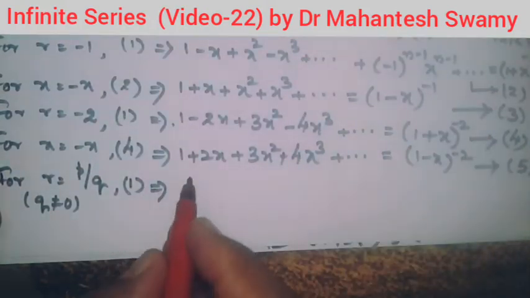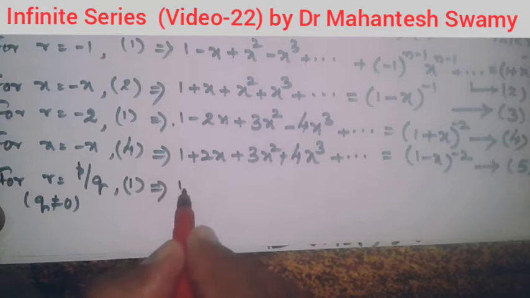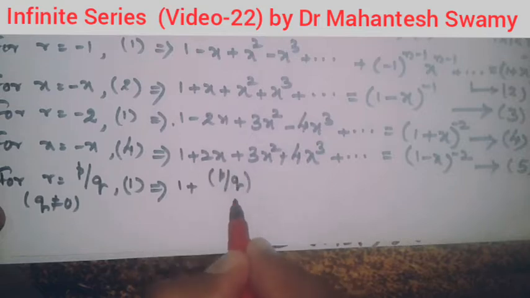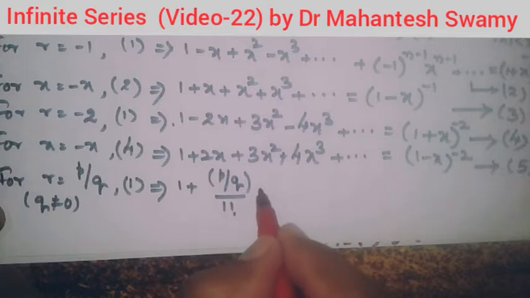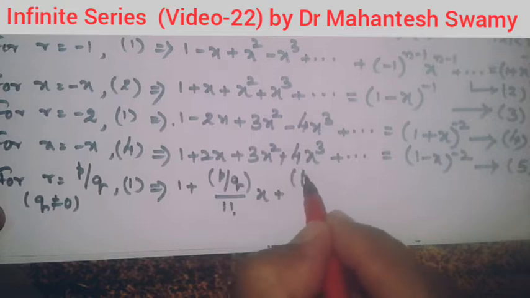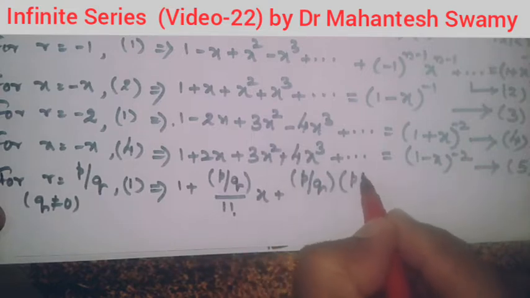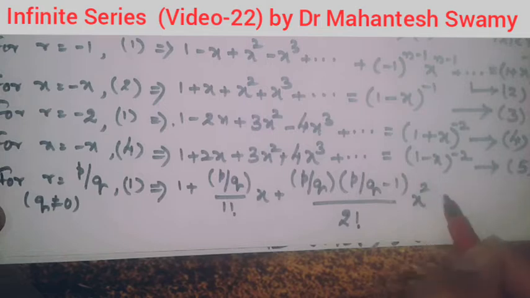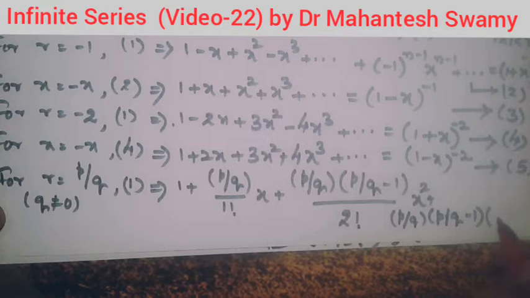So as I have told you, it is 1 plus, the r value is p by q, that is, p by q divided by 1 factorial into x, plus p by q into bracket p by q minus 1 divided by 2 factorial into x square, plus the third term, p by q into bracket p by q minus 1 into p by q minus 2 divided by 3 factorial into x cube, plus dot dot dot and so on.